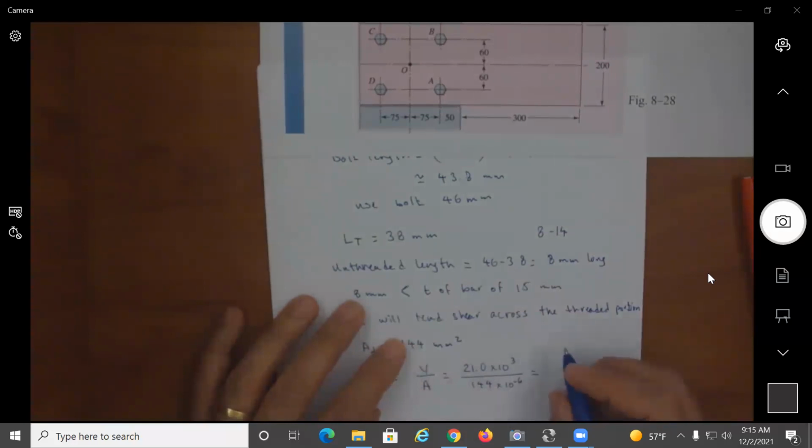We'll do the math here, and we'll find that this is equal to 146 times 10 to the power 6 Pascal, or megapascal.